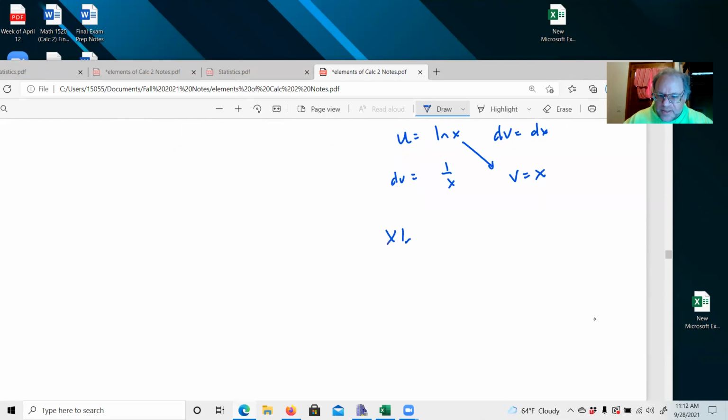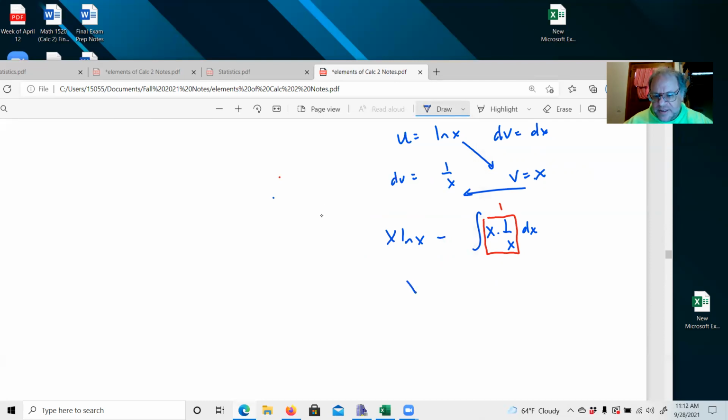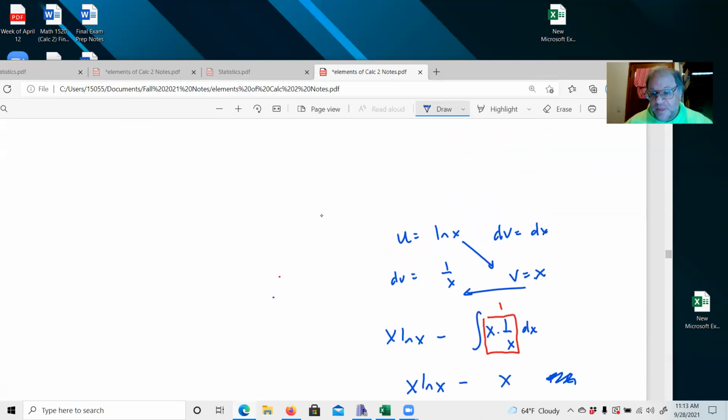So uv, x ln x minus integral x times 1 over x, because it's times 1 over x dx. Again, right, this bit here, x times 1 over x, what is that? That's just 1. Okay, so we're going to end up with x ln x minus x, and we don't really have a plus c because we have a definite interval, so let's use that.